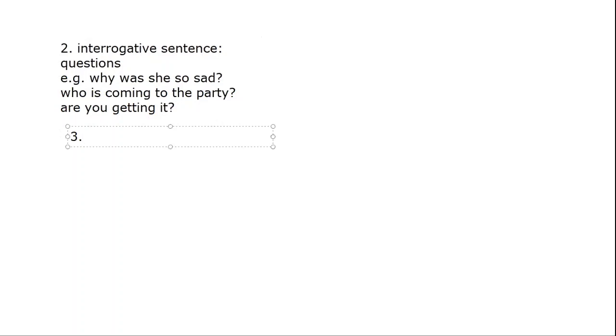Third type of sentence, according to the meaning, is imperative sentence. Now, imperative sentences, what do they tell us? What do they contain? इनमें क्या होता है? इनमें either you give orders or you make requests. ठीक है?